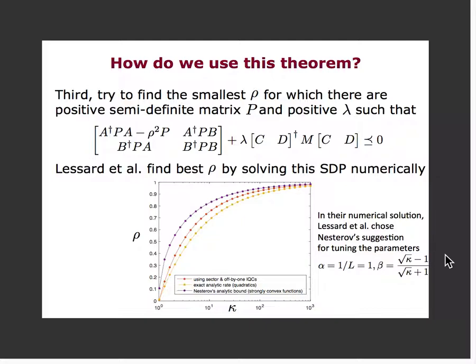And then we choose alpha and beta according to the tuning rules suggested by Nesterov's scheme. Nesterov's bound was proven for this choice of parameters, so we make this choice. Now everything is a function of kappa, and then we fix kappa for every point on the x-axis, solve this little optimization problem, use a bisection, and we get a point, and we get this curve.